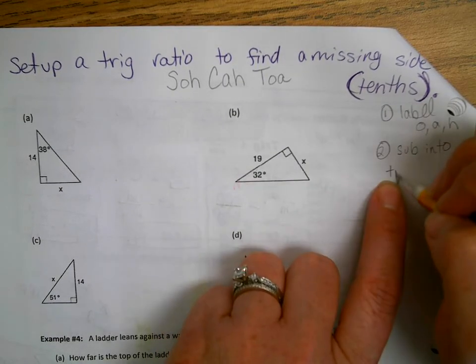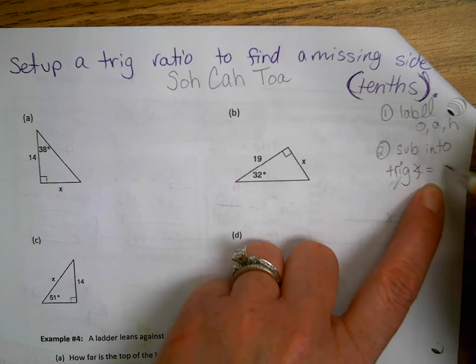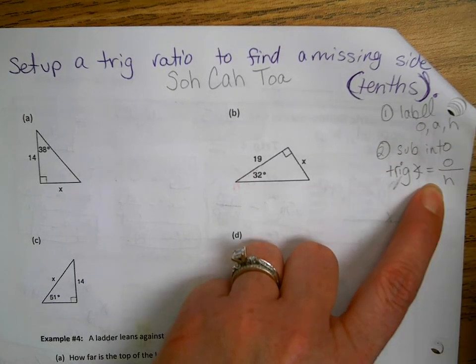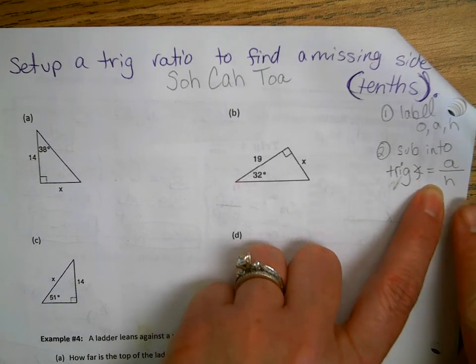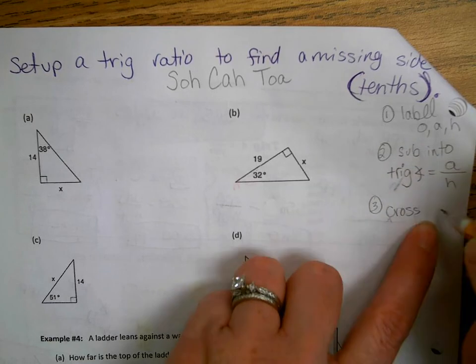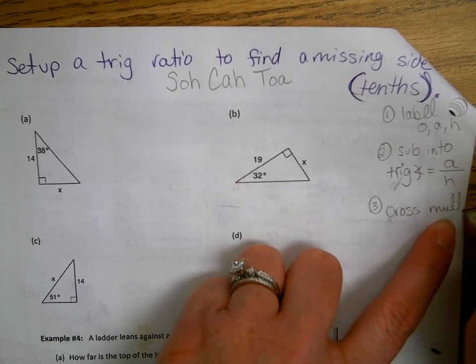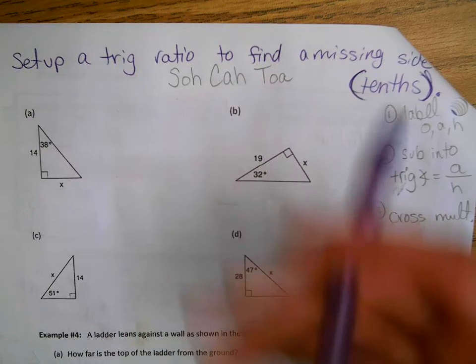So again, it goes trig function of the angle equals maybe the O over the H, if we're using sine, or the A over the H, or whatever it might be. Then you cross multiply. Okay? So, starting with exercise A.